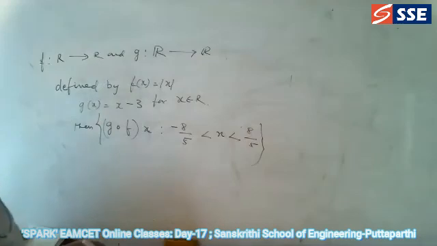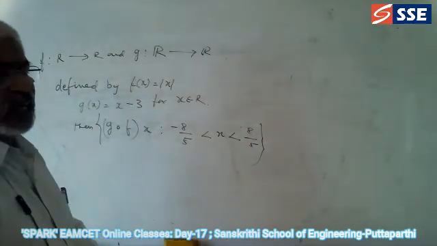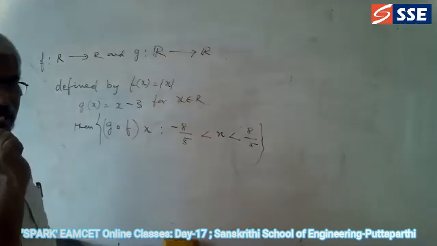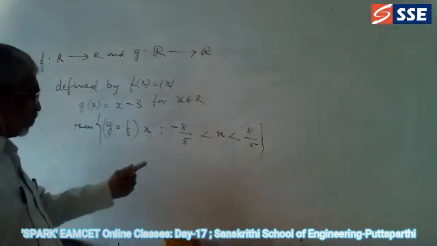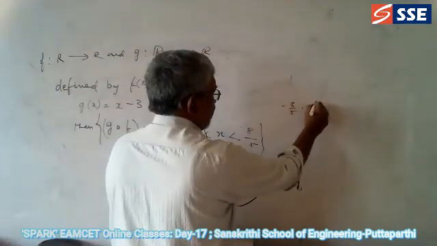They have given one interval instead of single numbers. In the first problem we saw two numbers, 2 and 3. Here the interval they have given is minus 8 by 5 to 8 by 5.